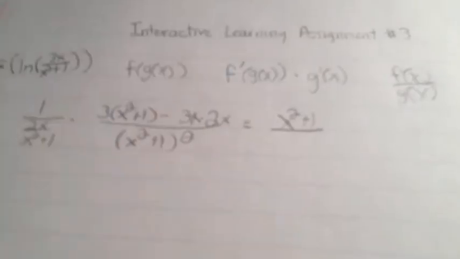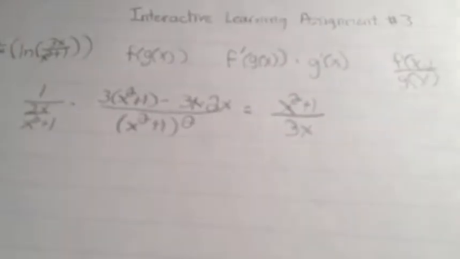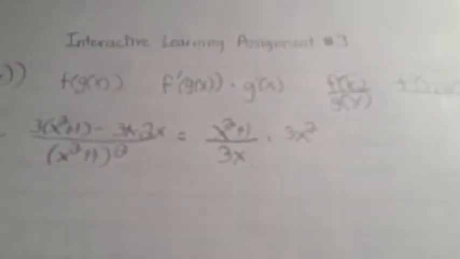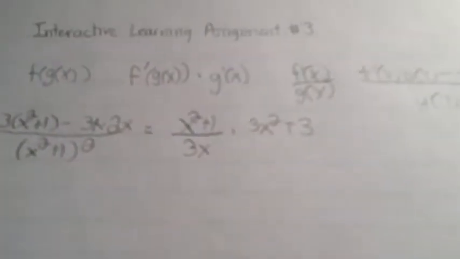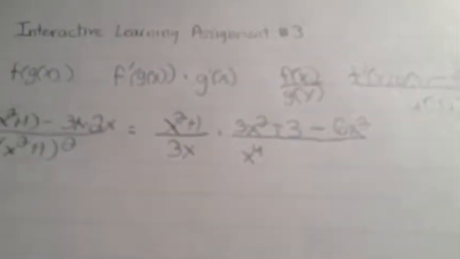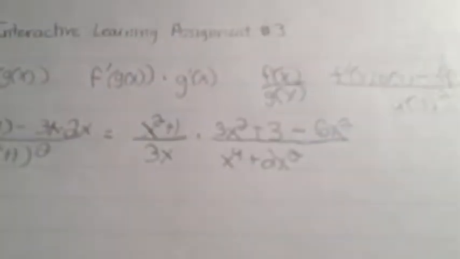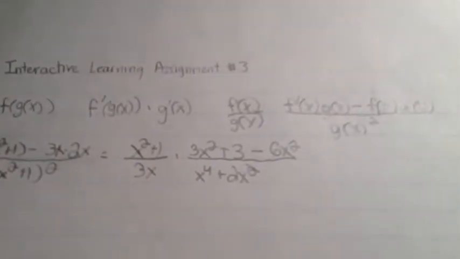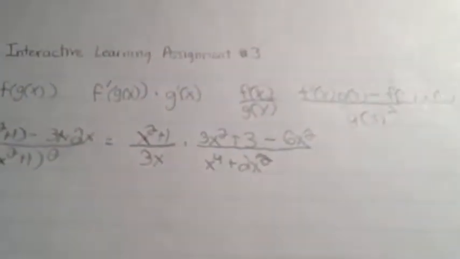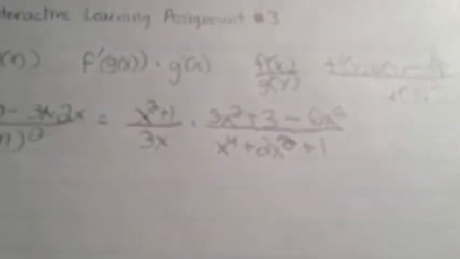So this is equal to x squared plus 1 over 3x times 3x squared plus 3 minus 6x squared over x to the 4th plus 2x squared plus 1.